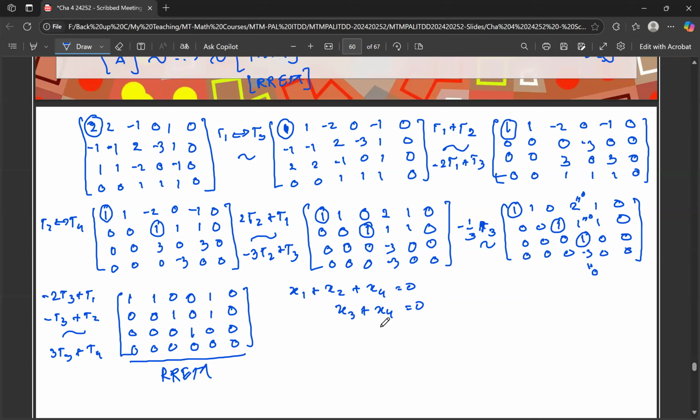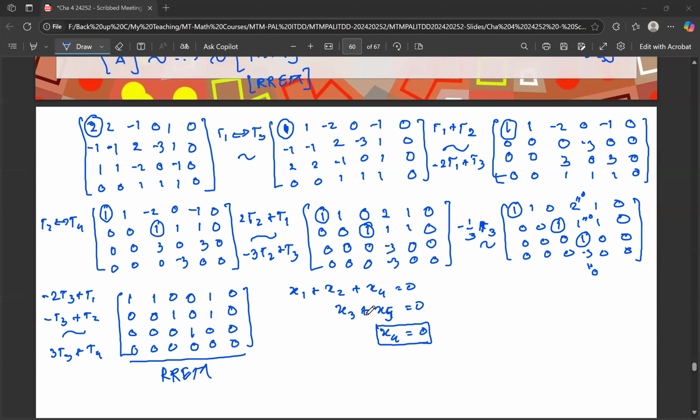The third we have x4 is equal to 0. And the fourth we have no equation. Sorry, this is x5.